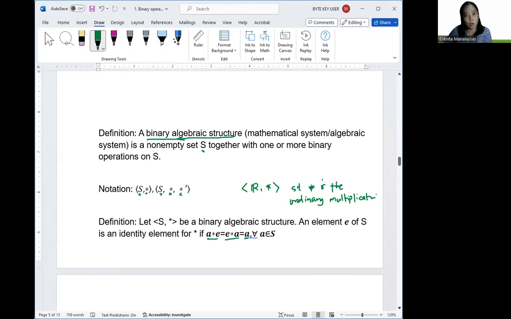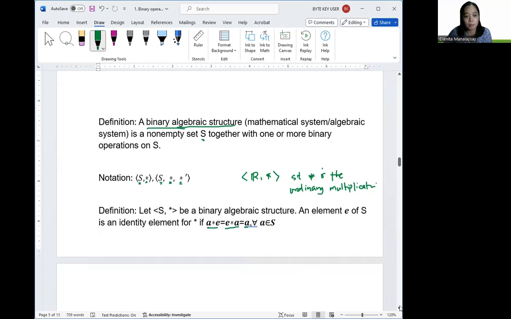And then under the ordinary multiplication, the identity element is 1, such that any real number times 1 is equal to the real number itself, and 1 times any real number is the real number itself.